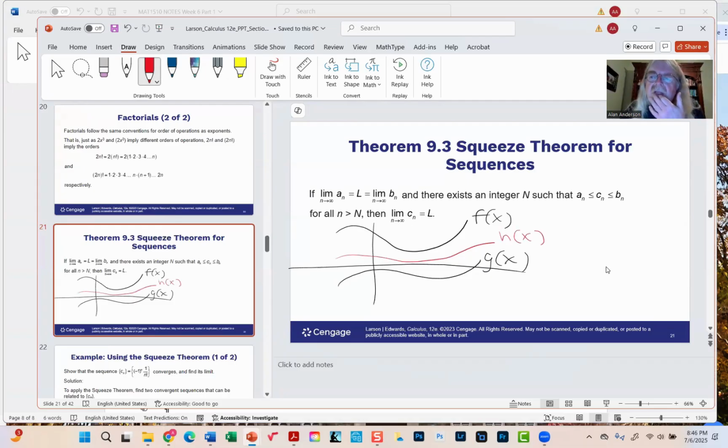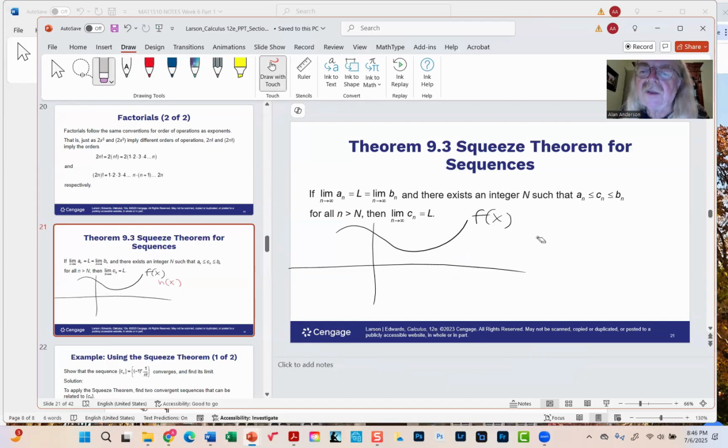That implies that the limits will be the same. Well, actually, no, that's not right because I didn't draw it the way I should have. Let me fix this. The two outer functions have to have the same limit for this to work. Let me try that again.